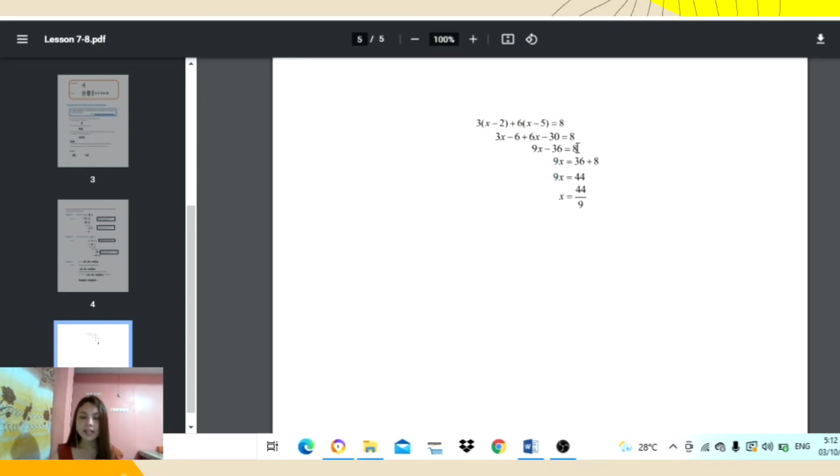And then 8 plus 36 is 44, meaning 9x is just equal to 44. Dividing both sides by 9, we get 9x over 9, which is just x, and 44 over 9. So this is the value of our x, 44 over 9.